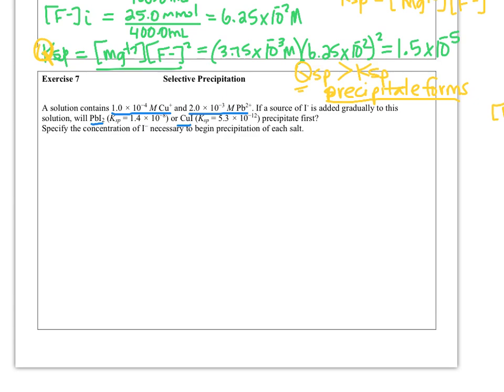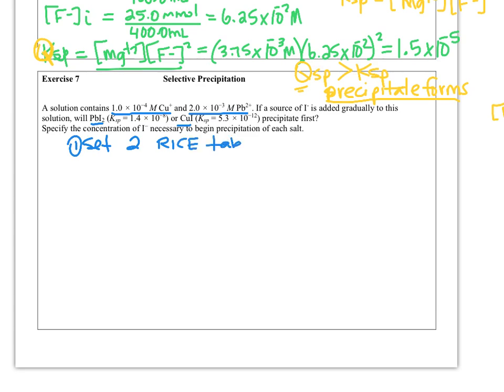So really, this problem is kind of easy. When you're given the concentrations of both, and you have two, you basically just have two common ion problems in one. So what you're going to do first is you're going to set up two ICE tables.